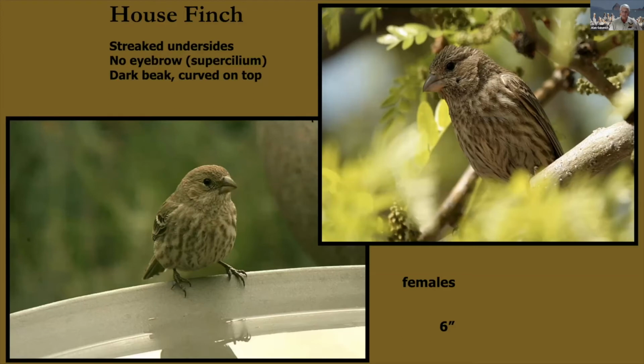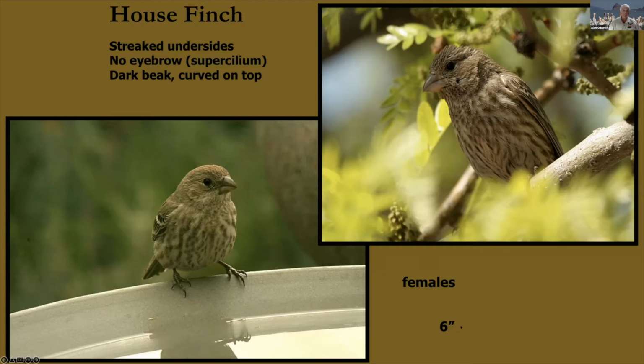Let's look at the female. Said they were strongly dimorphic. You can see that the female looks much different than the male. She's one of those, what we might call one of those LBJs, little brown jobs. You can see the curve to the upper mandible again, but notice a lot of streaking on the underside, sort of a plain face, just kind of almost nondescript.